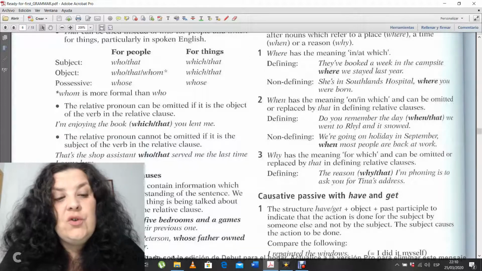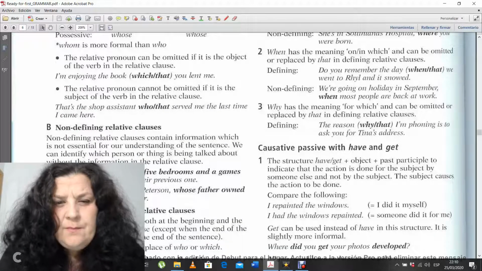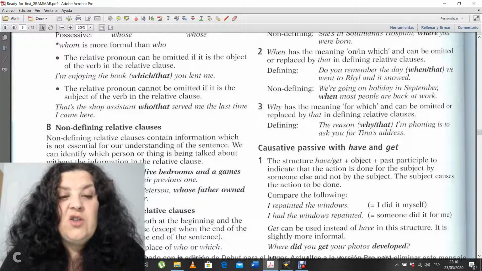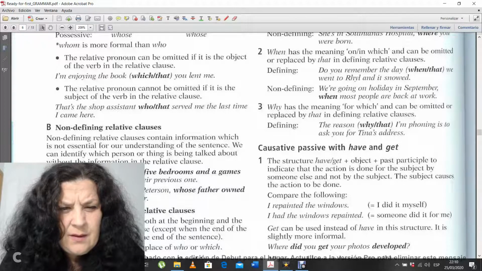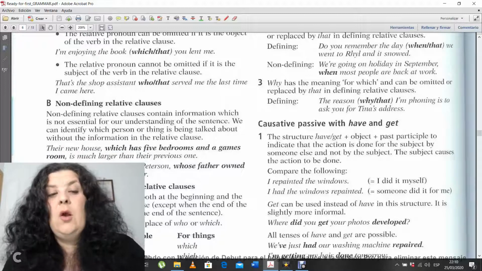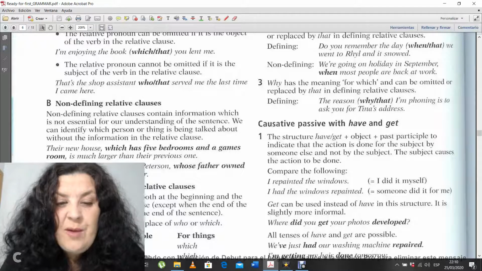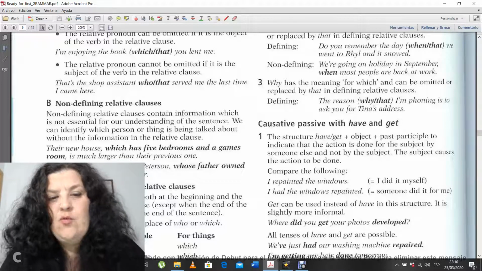Now we move on to non-defining ones, right? They contain information which is not essential for our understanding of the sentence, right? So, for example, their new house, comma, which has 5 bedrooms and a games room, comma, is much larger than their previous one.